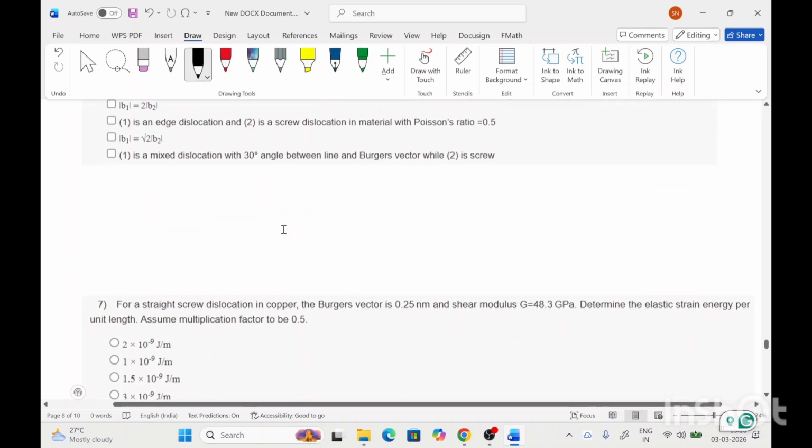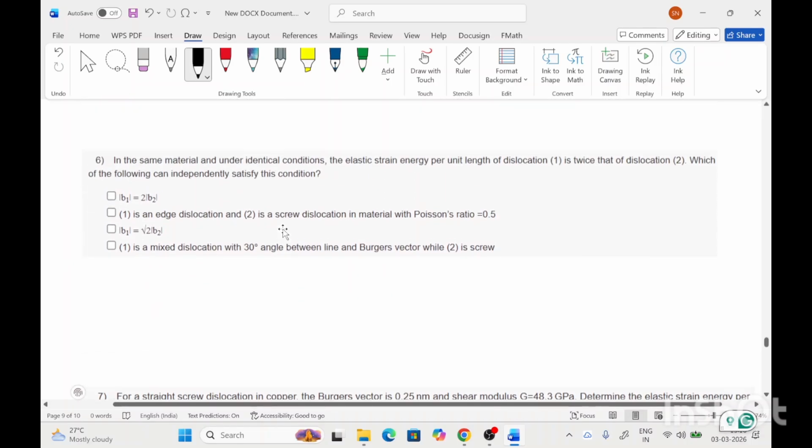Next question is the same as the previous one we solved: in the same material and under identical conditions, the elastic strain energy per unit length of dislocation 1 is twice that of dislocation 2. Which of the following can independently satisfy this condition?